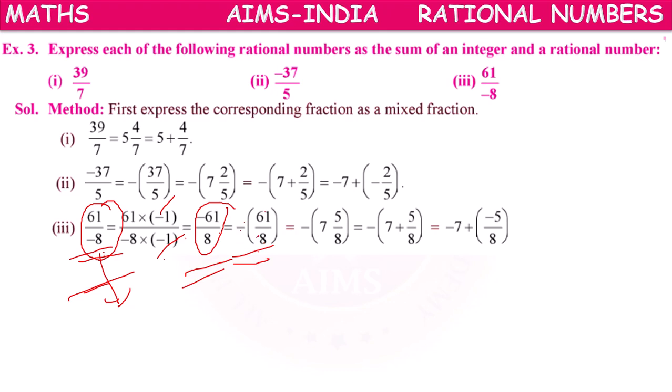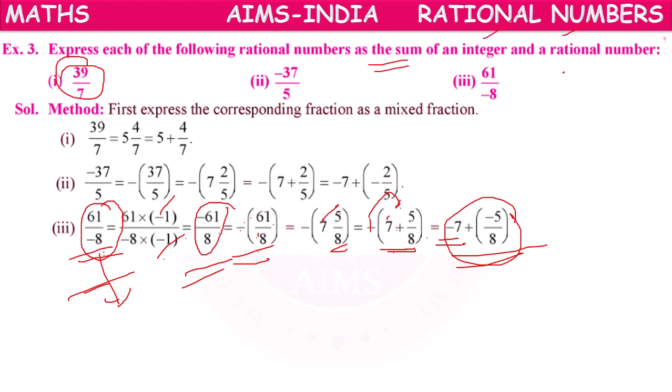Now division: 8 times 7 is 56, 5 remaining. So 7 and 5 by 8, or 7 plus 5 by 8. Next this minus will come inside: minus 7 plus minus 5 by 8. So in this way we can represent a rational number as a sum of an integer and another rational number.